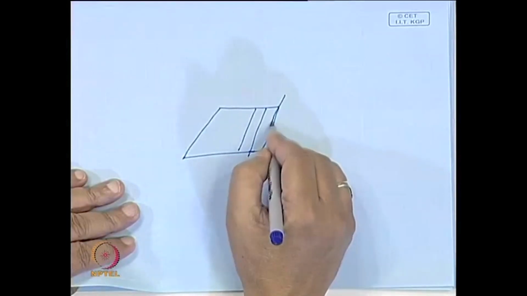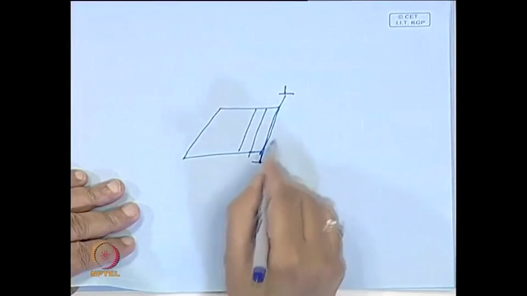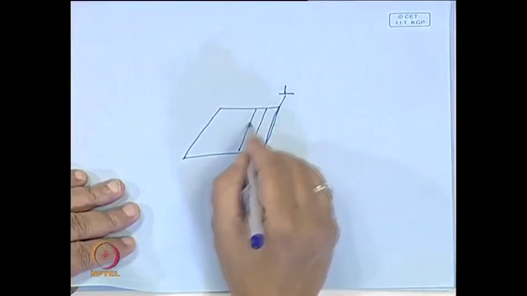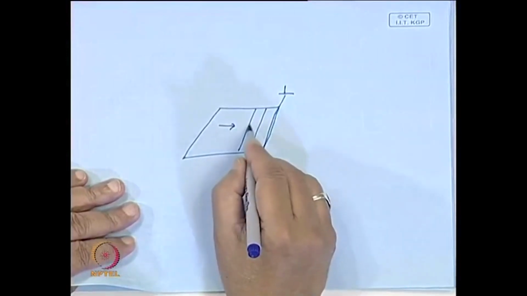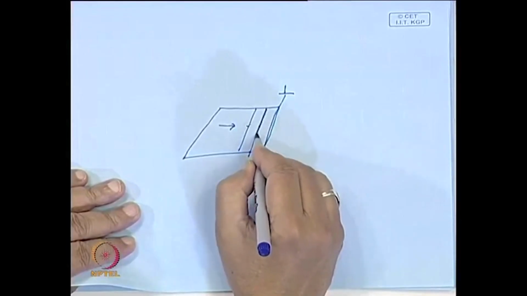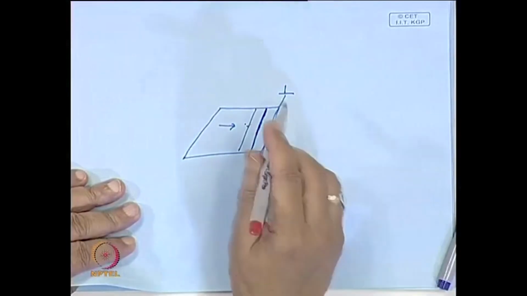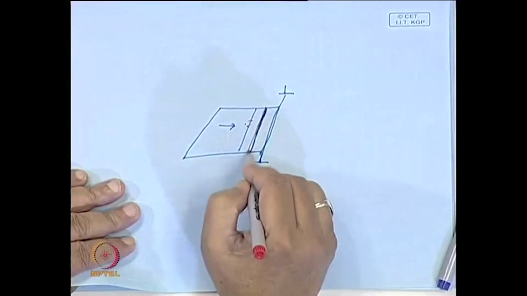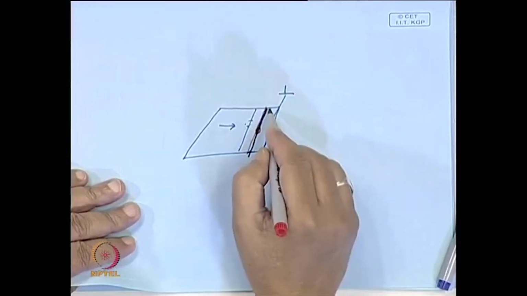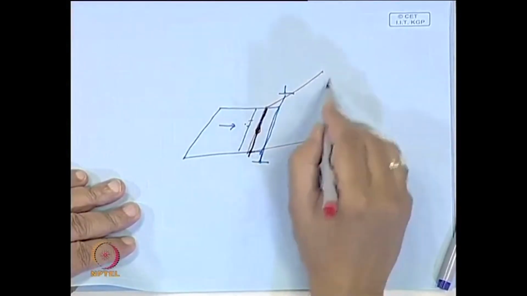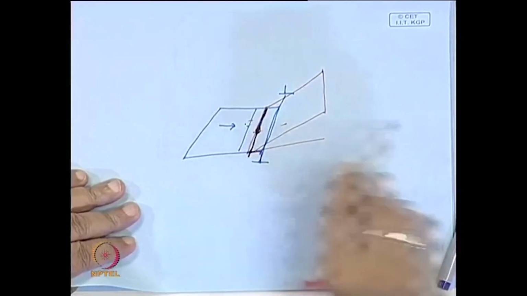If it meets some obstacle which is not allowing the dislocation to move, a part of it can join together along this particular line. It can come here and form a constriction, and if this is another plane which is intersecting the slip plane, it can move there.